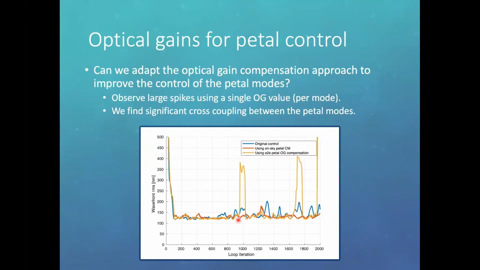So I think we would need quite a lot of information about the exact shape of the PSF and maybe about the contribution of the other petal modes, because there seems to be quite a lot of cross coupling between the petal modes. But I didn't look much further than this. It was just to show that the kind of optical gain approach is trickier to apply in the case of the petal modes. Yes, I think it was a good answer.